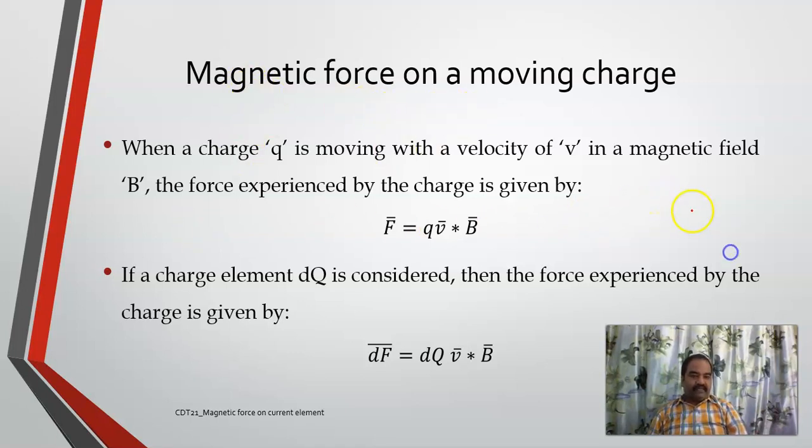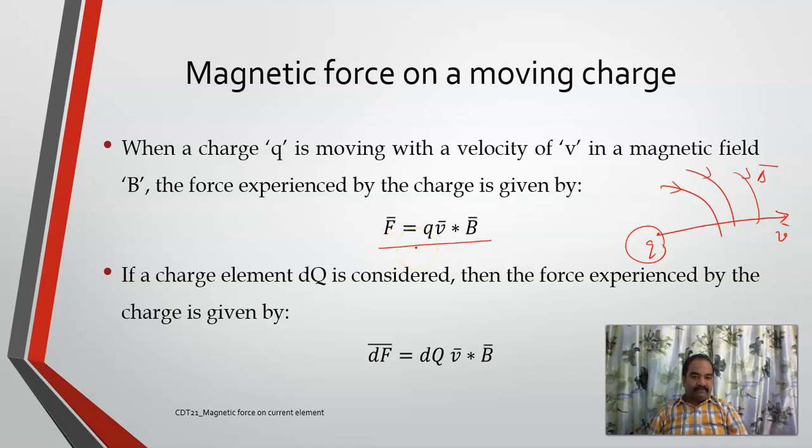We have seen that if there is a magnetic field, and I take a charge and move it with a velocity v bar in this magnetic field, then this charge will experience a magnetic force which is given by q v bar cross B bar. Now suppose this charge is a differential charge or a small element, then we will represent it using dq, which is a charge element.